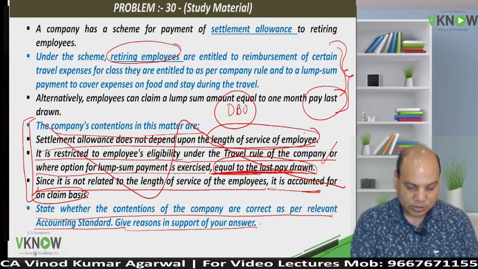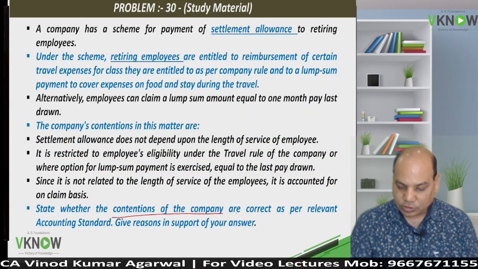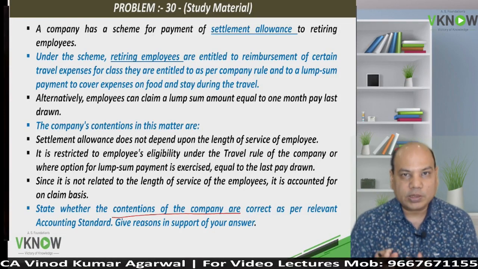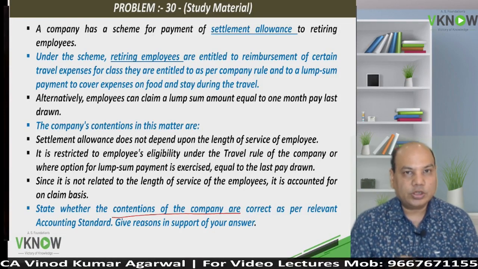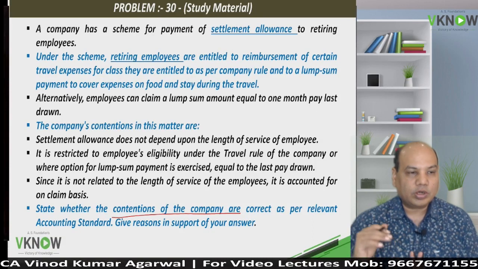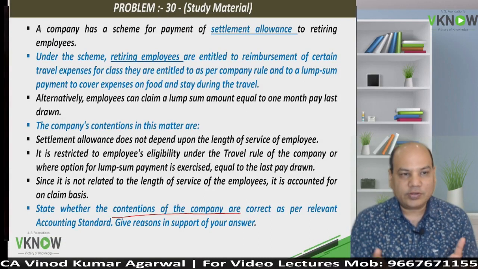So the first answer is not right. It is a defined benefit obligation. Company should make provision, using actuarial valuation. Because what would be the last drawn salary? We don't know. His age is 30 now.